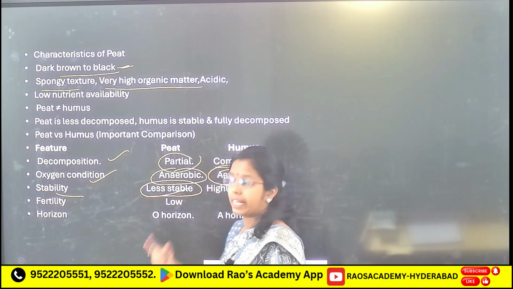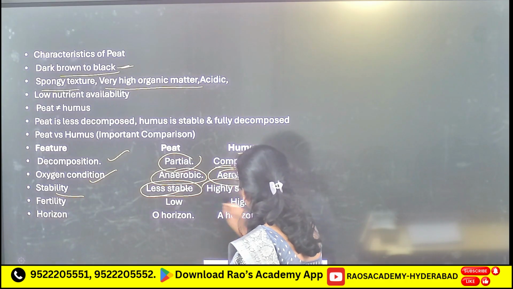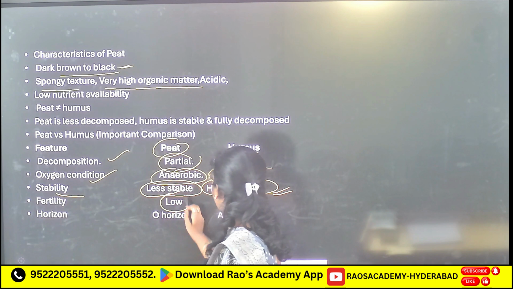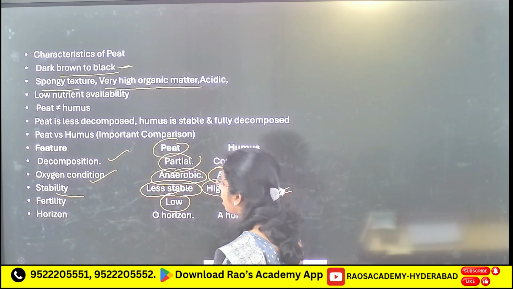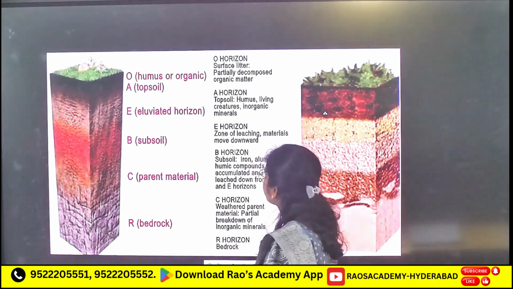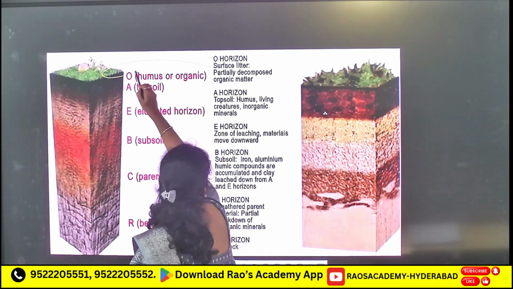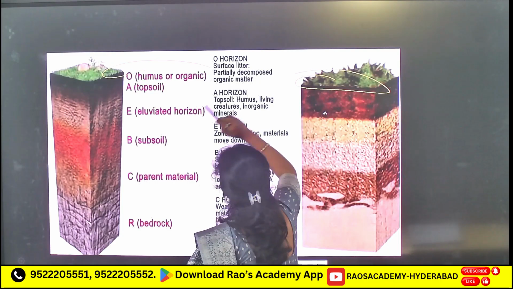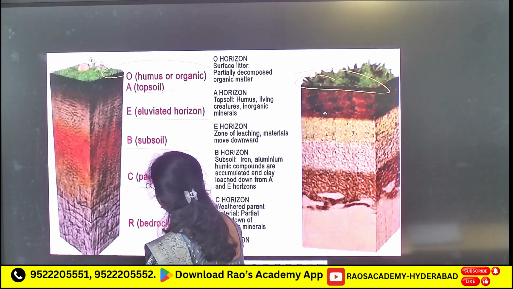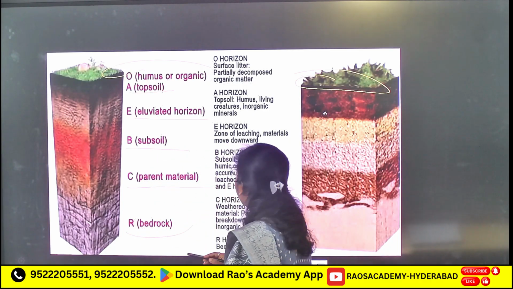Peat is less stable, humus is highly stable. Peat is low in fertility, humus is high. Horizons: O horizon is the upper layer, topsoil; E, eluviated horizon; B, subsoil; C, parent material; R, bedrock.